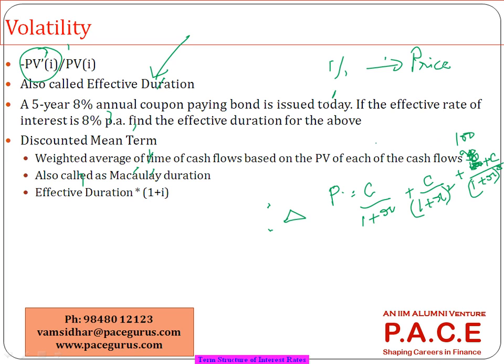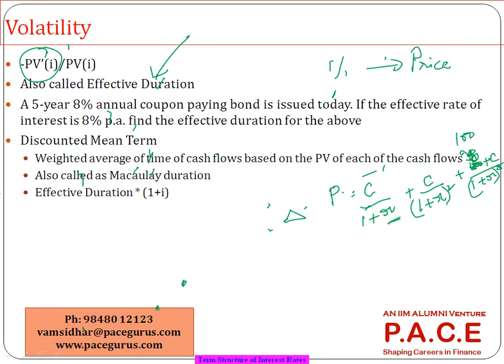Now please take R as the gross redemption yield. Even if it is given as a spot rate, for simplicity purposes I am taking it as the gross redemption yield. Now take the derivative of this price.